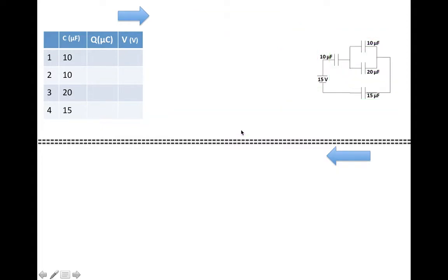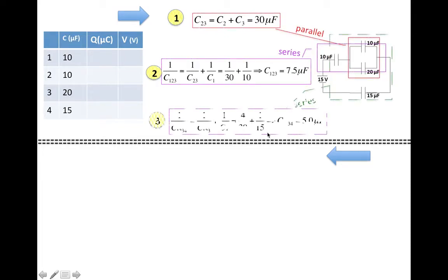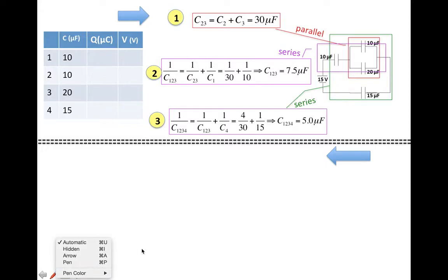And as you can see, when you connect everything together, you get the equivalent capacitor for the whole thing is 5 microfarads. So what I have now is a circuit, if I take the pen, something like this, connected to an equivalent capacitor, right?